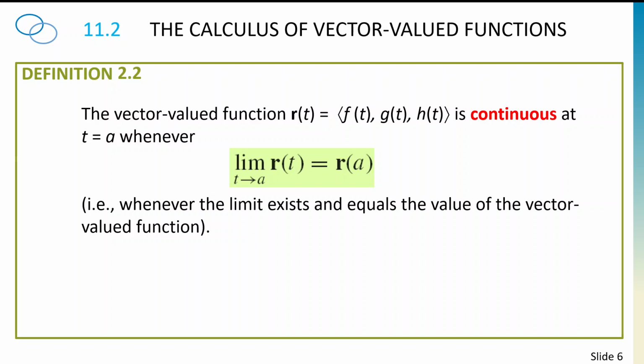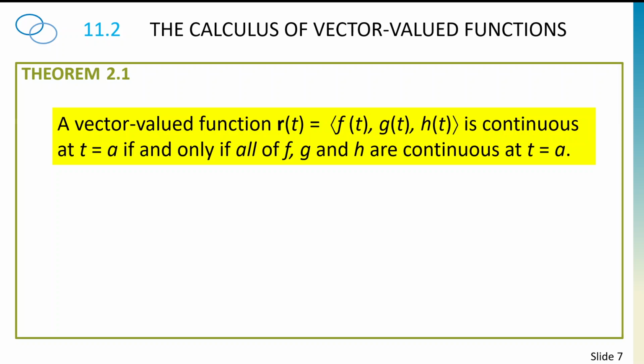The vector valued function is continuous at t equals a whenever, just the normal definition you know, the limit exists and equals r of a. So the limit of r of t as t approaches a should exist and equal r of a. This is when we say it's continuous, just the same thing as you covered in your calculus one.